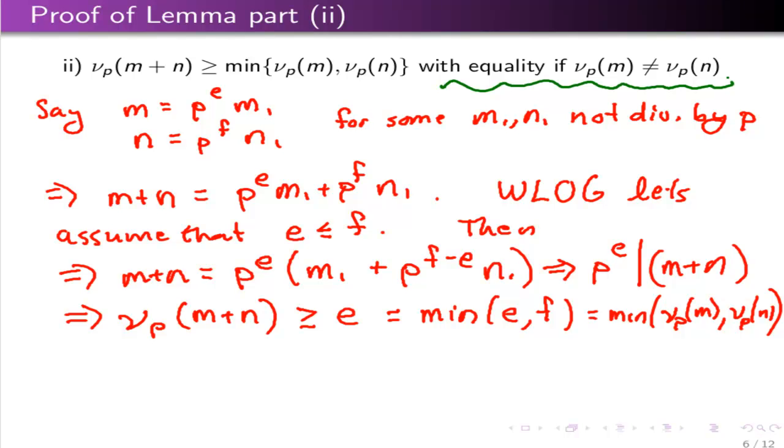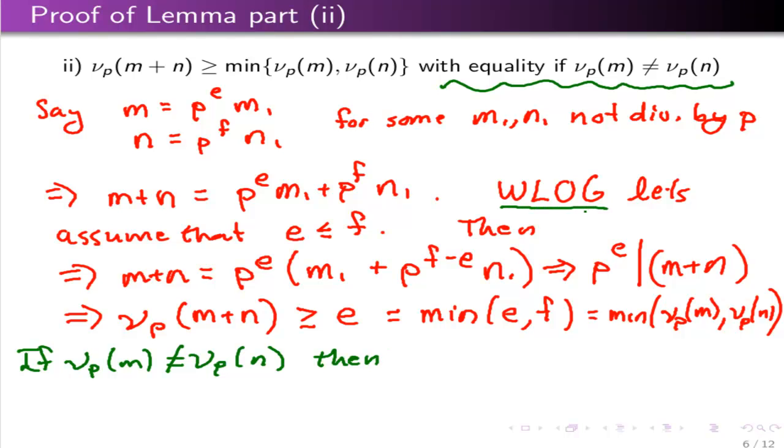And now for the second part, what's going on there? With equality if they have distinct values. So if nu p m does not equal nu p n, then under our same without loss of generality, we would have that e is strictly less than f.